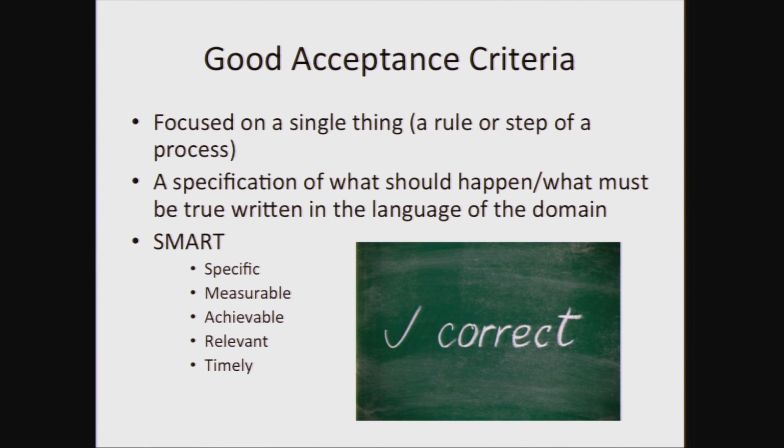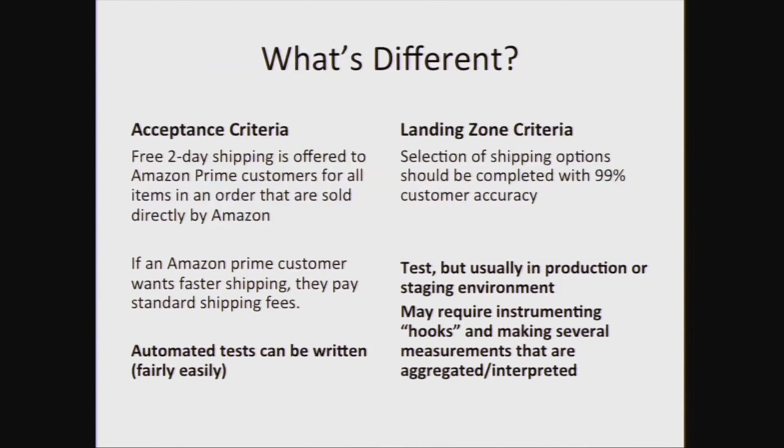Now, they're different than good acceptance criteria, which is usually focused on a single thing, a rule or a step of a process. So here's the difference. I might have an acceptance criteria, this is from Amazon, that if I'm a prime customer, I get an offer of free 2-day shipping. And I could write a test for that, automate the test and see whether that option is presented to the user in the UI.